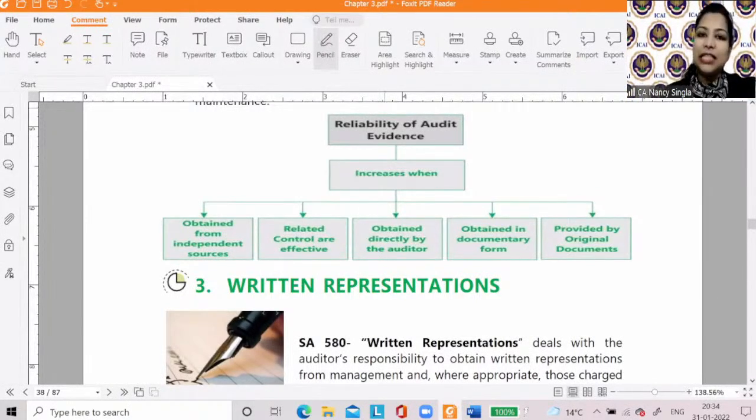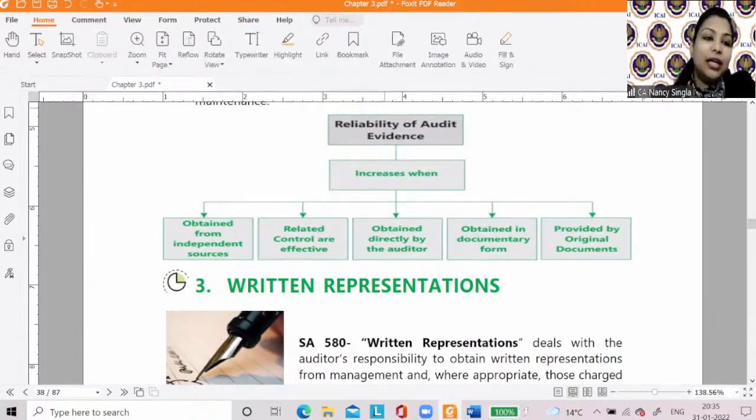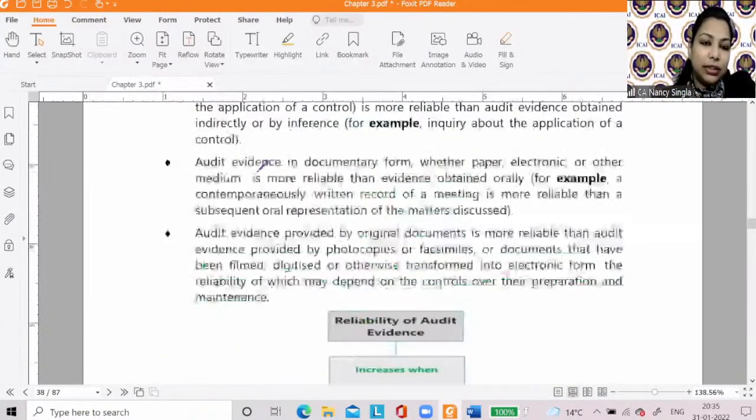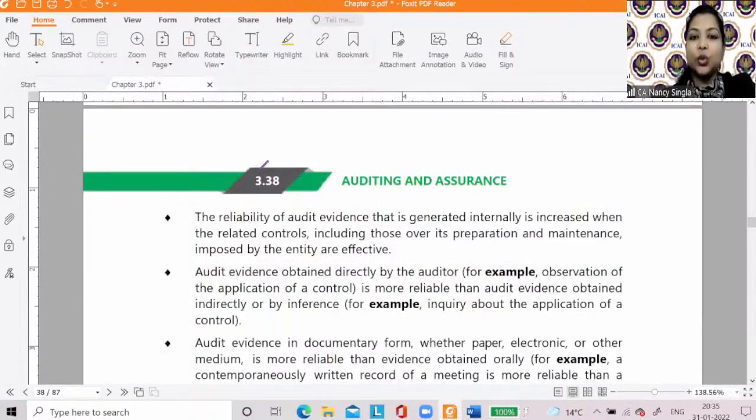What is left in this chapter is what? Your essays, which I'll be starting in the next session. But before that, I want you all to read till page number 3.38, so that all the concepts relating to audit documentation, audit file, then audit evidence, the audit procedures, the various risk assessment procedures, internal controls, the test of controls, everything, including assertions, should be clear to you.